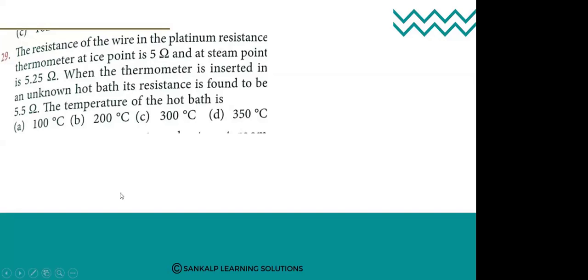Again, you need to calculate the temperature, with almost the same method and the same formula. In this question also, the resistance at T is given as 5.5. R100 is the steam point, which is 5.25 ohm, and R naught is 5 ohm.